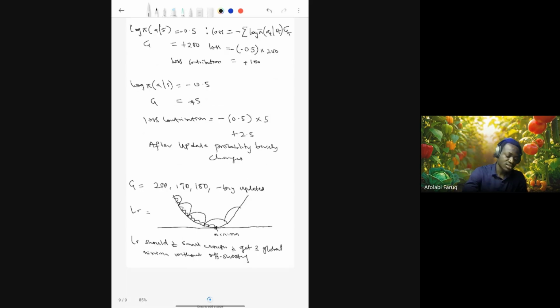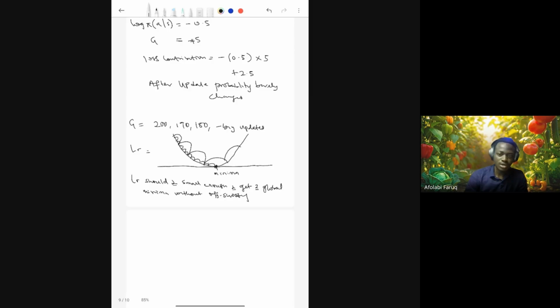You want a learning rate that is just small enough, so maybe something like 1 times 10 to the minus 3, that's 0.001, right? Something like that is okay. So that is basically that. Now we are going to look at this in code.